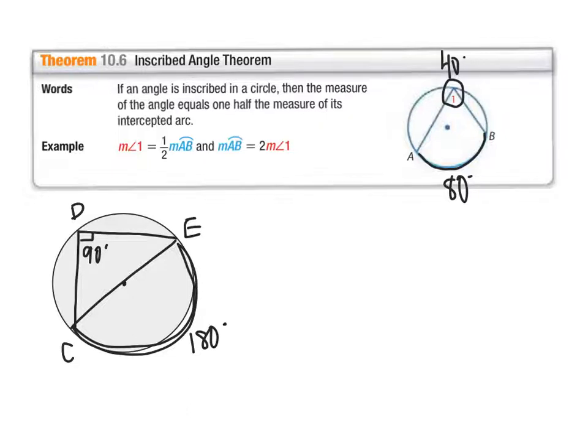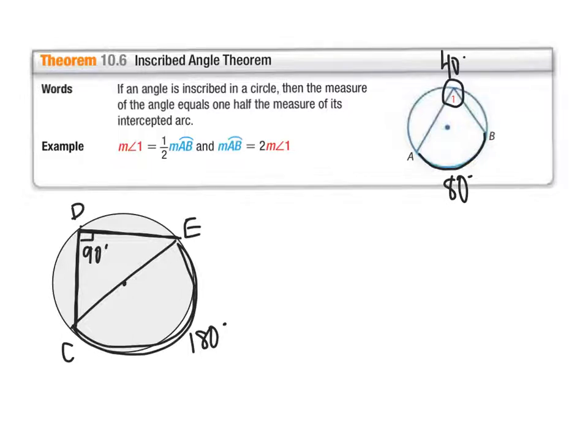So we know that CE is going to be 180. So it makes sense that this right here is an inscribed angle, angle CDE, and the measure of that inscribed angle is 90 degrees, which is half of the arc CE, which is the intercepted arc for the angle. So you can kind of see where it makes sense a little bit.